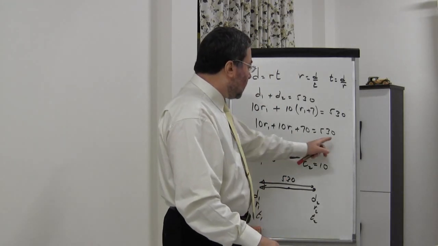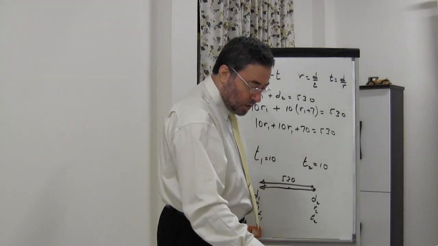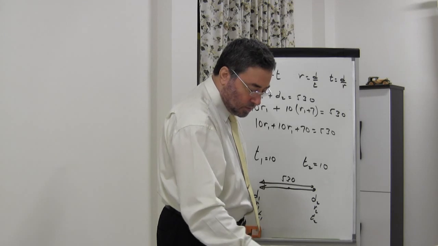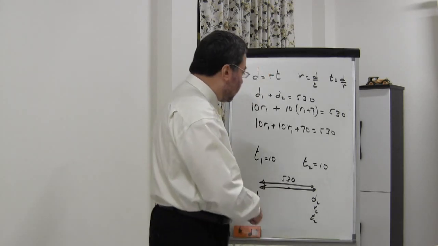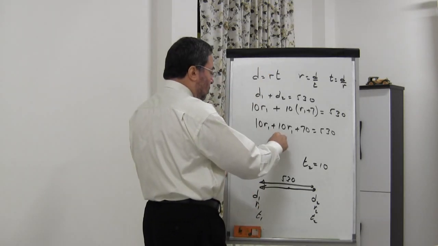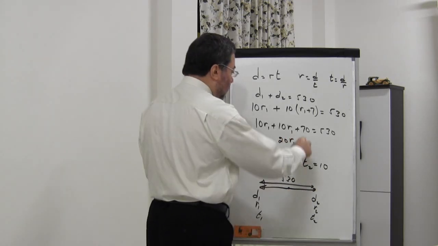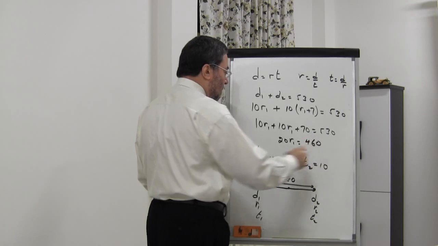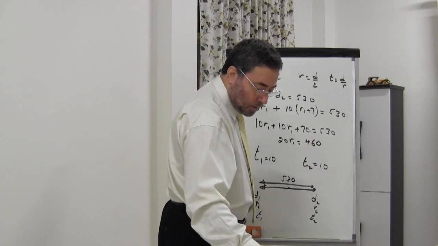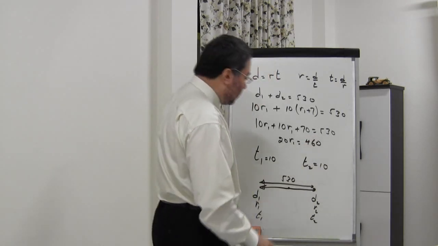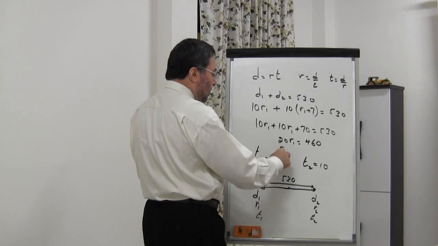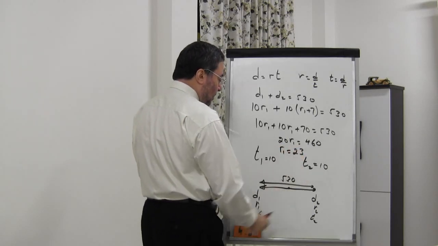So we get the 70 to the other side, so 530 minus 70, and that's 460. So we have here 20 R1 equals 460. Divide by 20, and we get 23. So R1 equals 23.